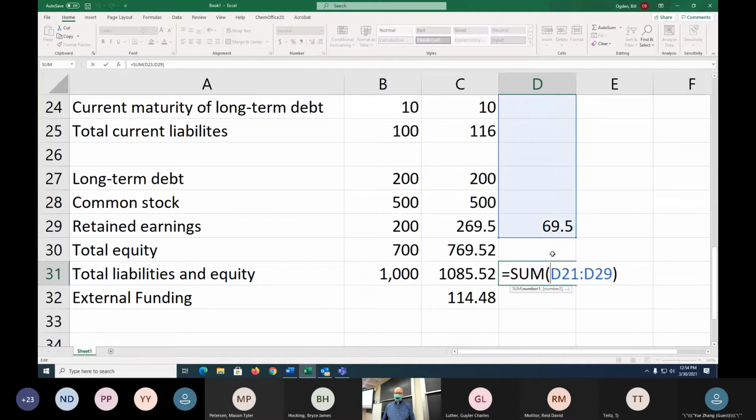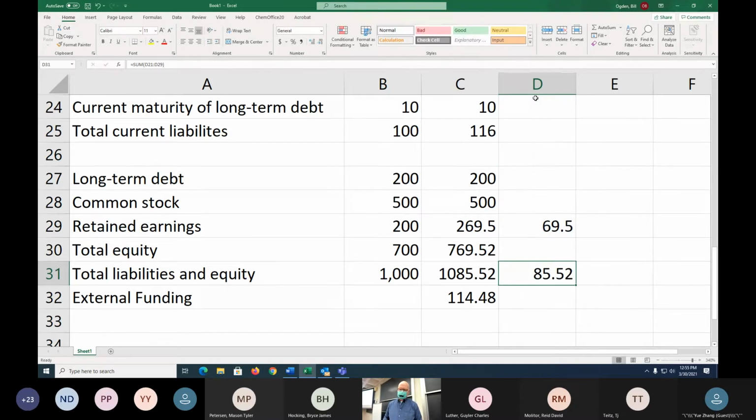When I leave cells blank like this, what happens here? Well, Excel ignores blank cells. And sometimes that's not as handy as you think, because I might have a range of values that are equal to 0, and I know they're 0. So I just leave them alone. Well, no, you can't do that. For Excel to treat it as a 0, it has to actually say 0 in it. A blank is not equivalent to 0.